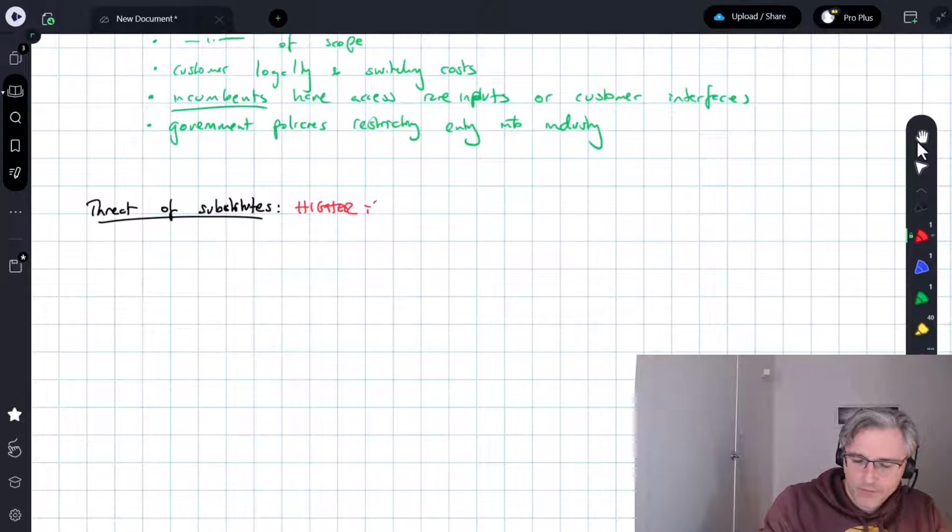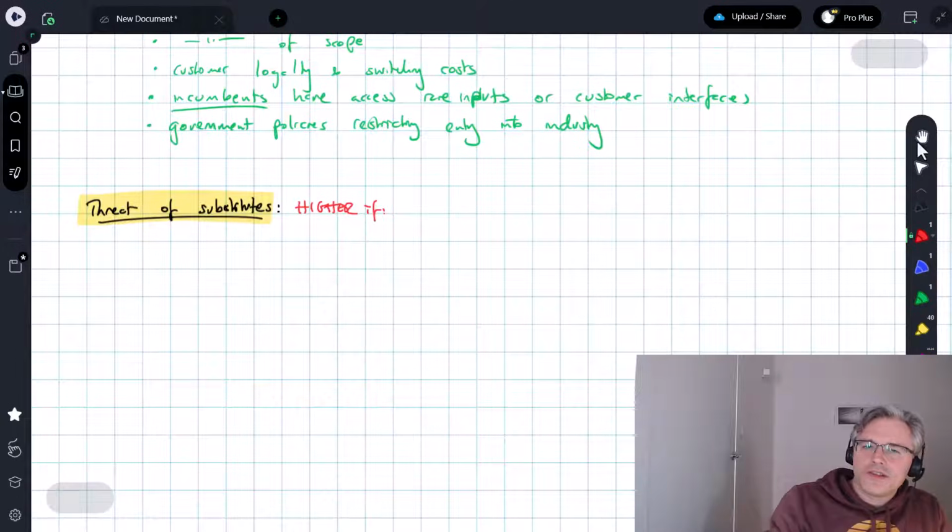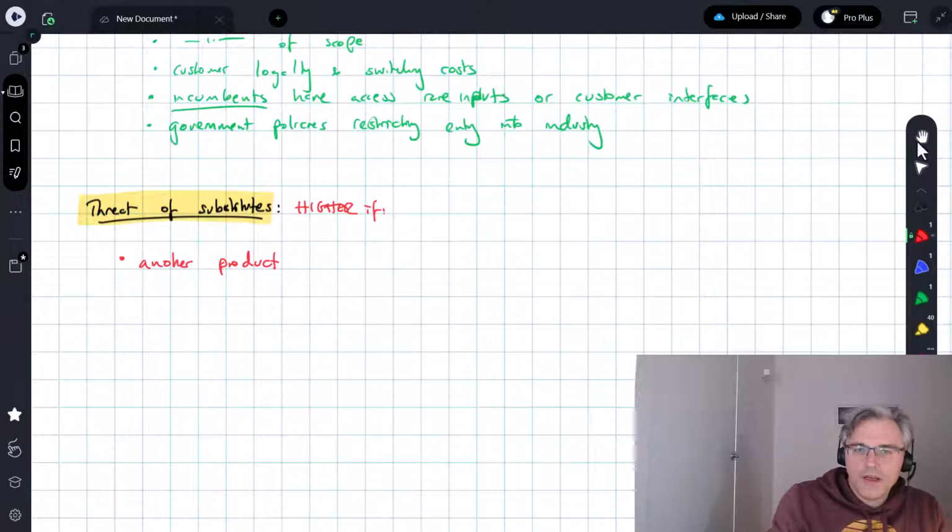It's sort of more logical or more instinctive to talk about it that way. That threat of substitutes is going to be obviously quite high if another product or service can fulfill the same or similar need.